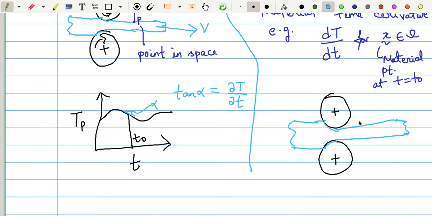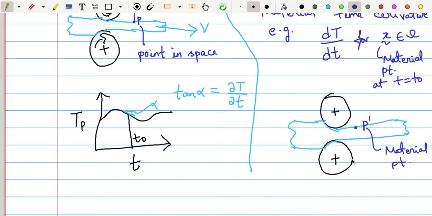Now in this particular case, if I am interested in a certain material point, let me call the point of interest P prime. Now P prime over here is a material point.